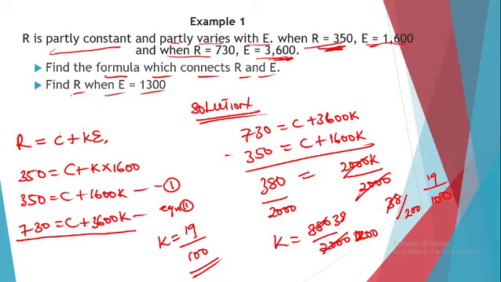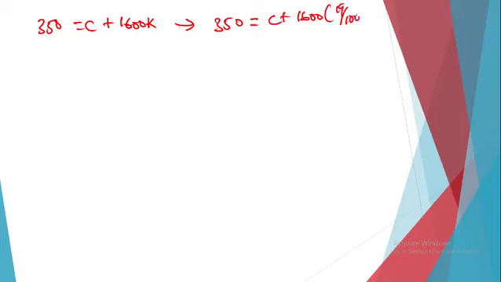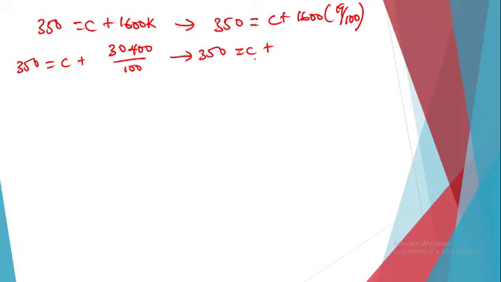So we now substitute the value of K in equation 1, which is 350 equals C plus 1600K. 350 will be equal to C plus 1600 times 19 over 100, which is the value of K. Then 19 times 1600 will give us 30,400 divided by 100, which will give us 304.